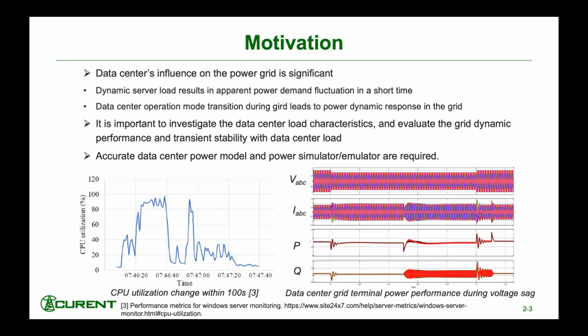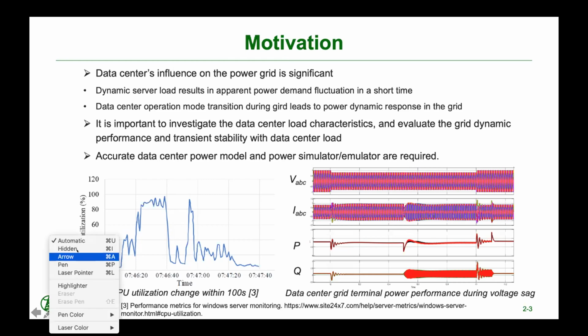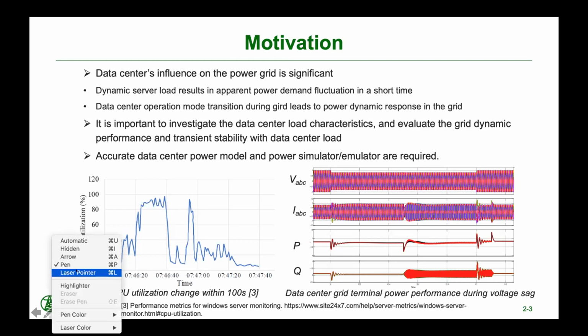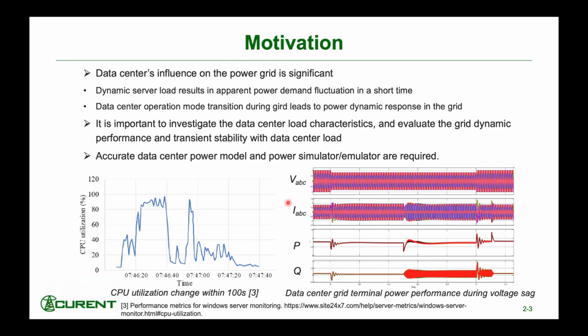This will lead to apparent power dynamic response in the grid. Therefore, it is important to investigate the data center load characteristics and evaluate the grid dynamic performance and transient stability with the data center load.